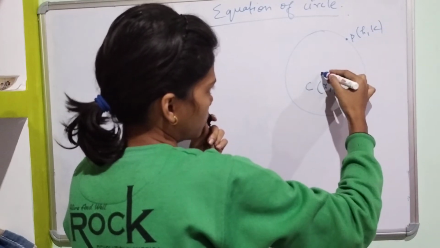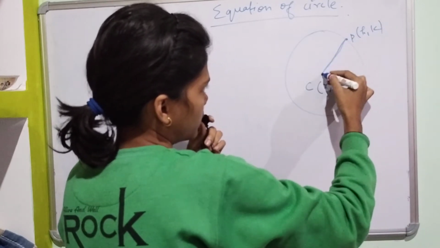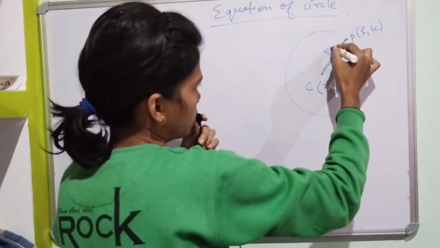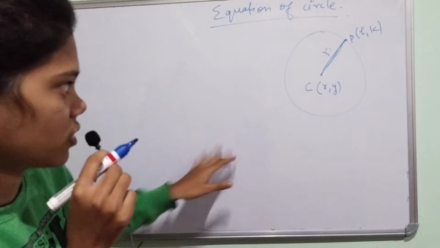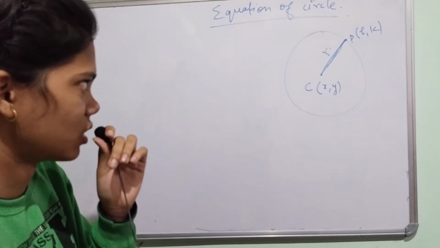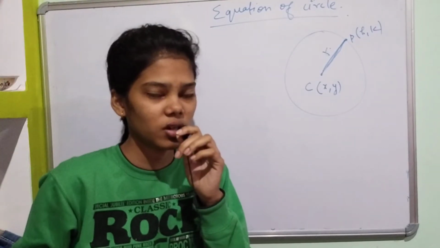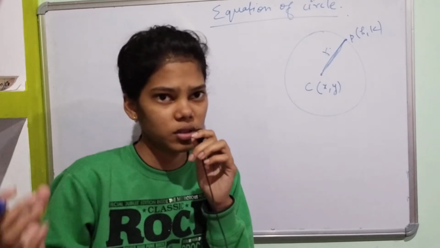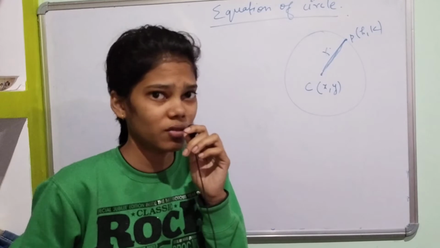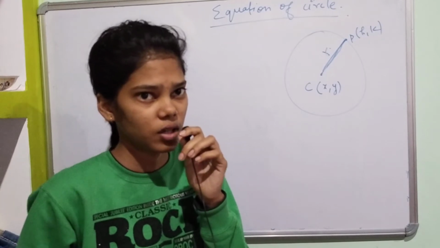And this fixed distance we call as radius r. Now we will derive the standard equation of circle. In class 11 you will learn about distance between 2 points. That formula only we are going to use here, and will derive the equation of circle.